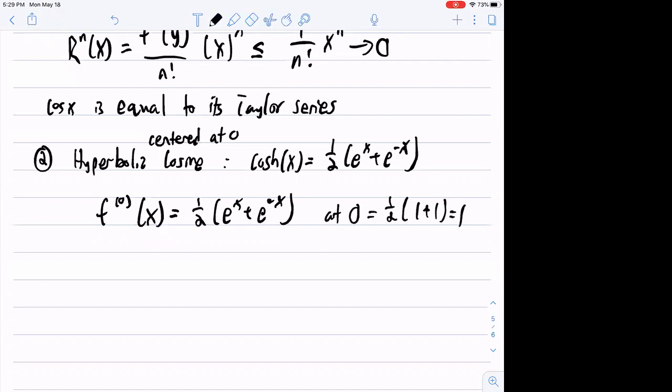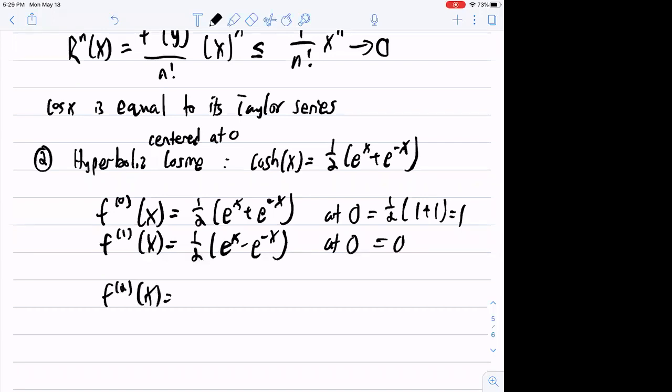And then f1, you just have a minus sign, right? And at 0, this is 0, because you get 1 minus 1. And similarly, you'll see that f2 gives you back cosh. So it turns out f1 is actually sinh. I'm sure you all know the derivative of cosh is sinh, and the derivative of sinh is cosh.